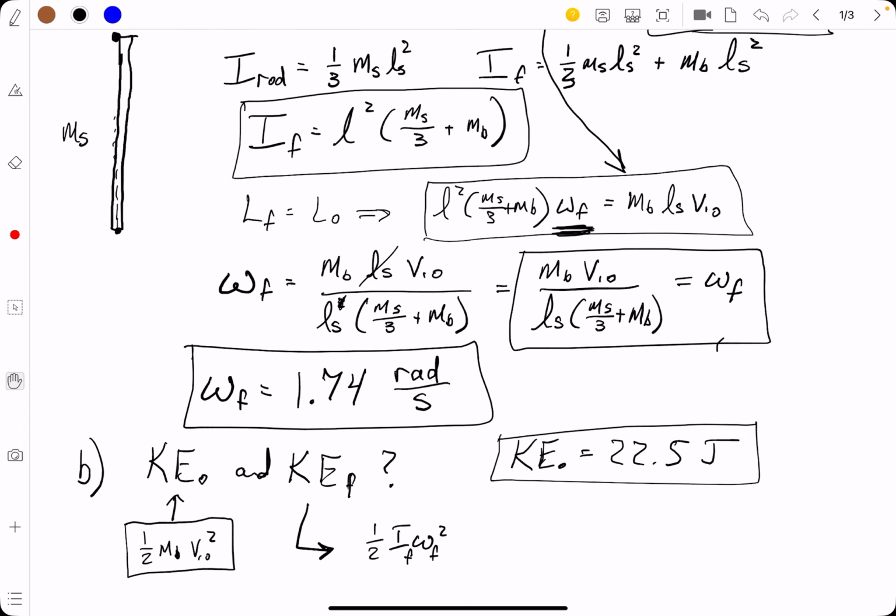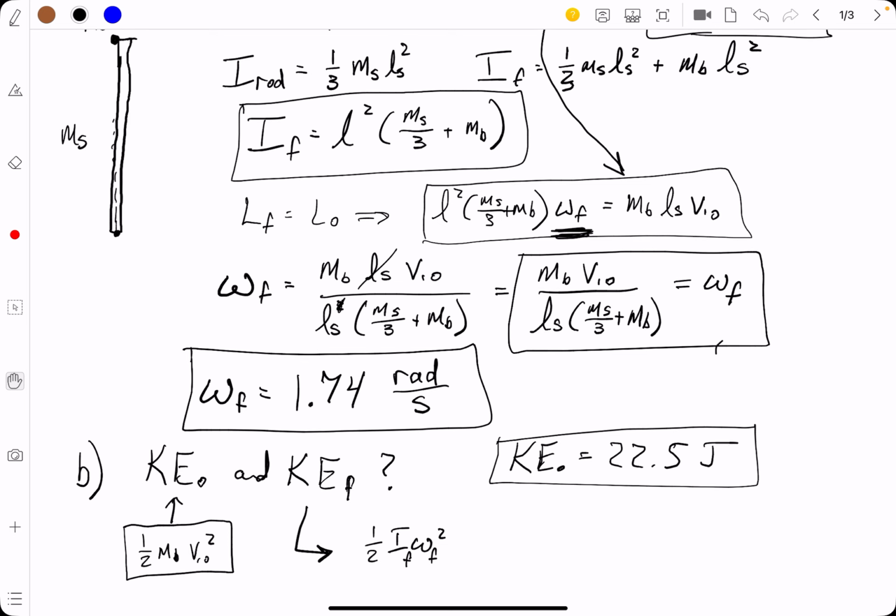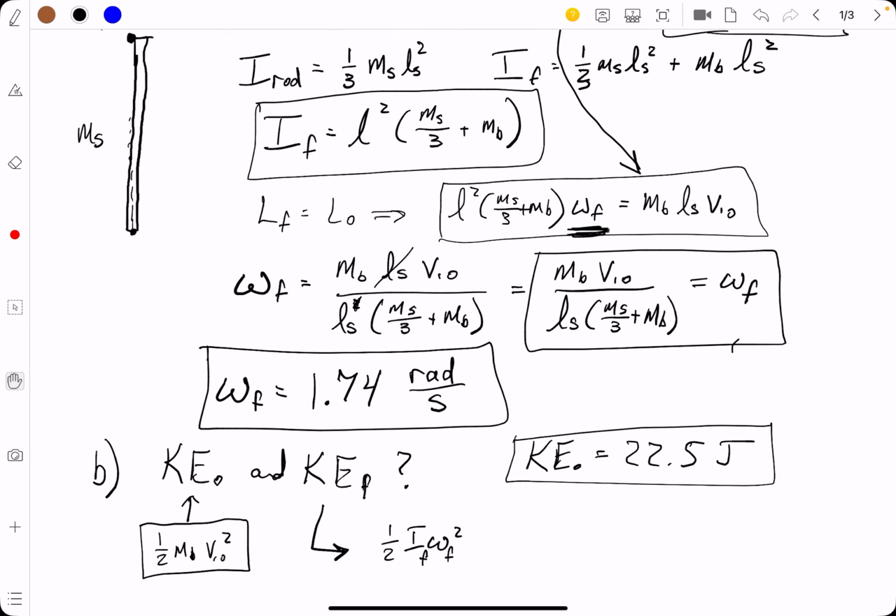Did we ever find out what that was? You can come over here and get your I final pretty easily. If you didn't do that already, that's fine. You didn't have to, but you can. It ends up being 1.032 kilograms meters squared. Okay, so that's fine.